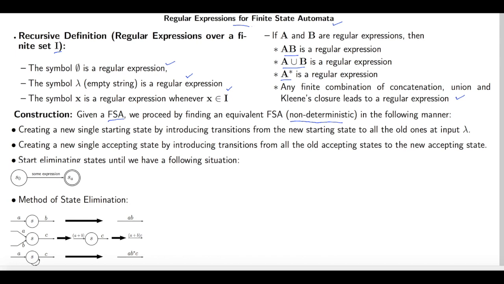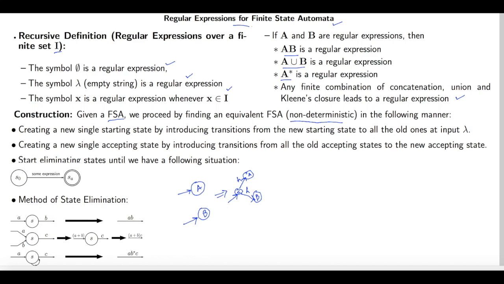For example, although this hardly happens, if we have two starting states like this, then we can make it one. This is a starting state. So we make another new starting state, and these transitions are the empty string. Let's say this is A, this is B. So we make another one with A and B like this.